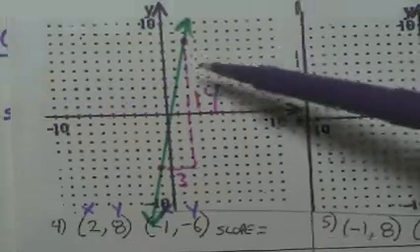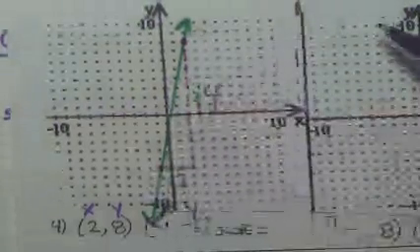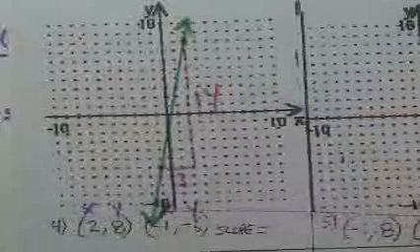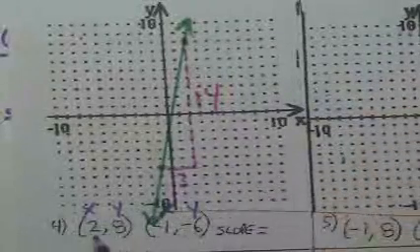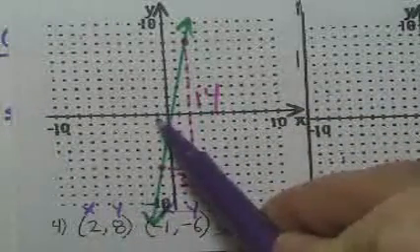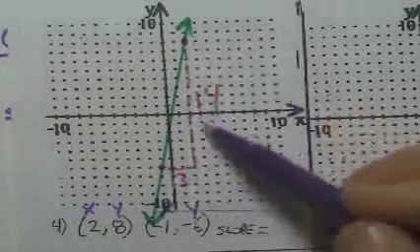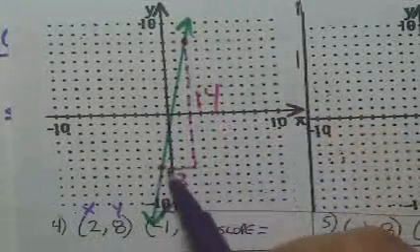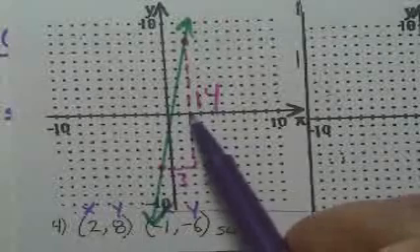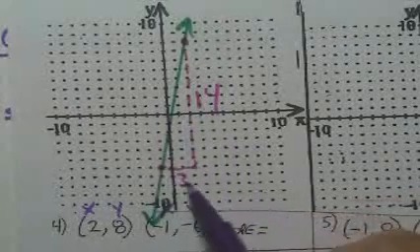Okay, time out just for about 30 seconds. This is a graph that we did yesterday, number 4 on yesterday's paper. Here are 2 points, 2, 8 and negative 1, negative 6. If we try to find the slope of that, if I subtract the x's, 2 minus negative 1 comes out to be 3.